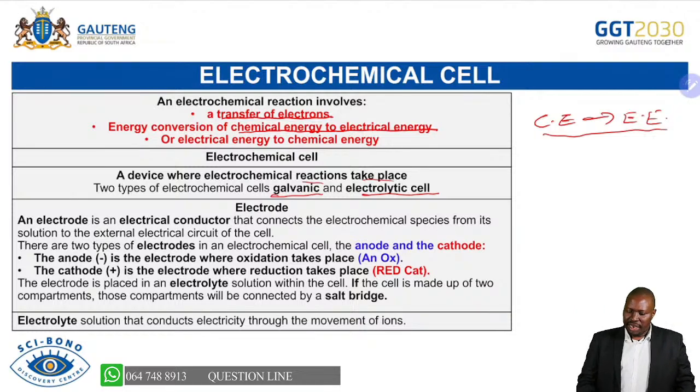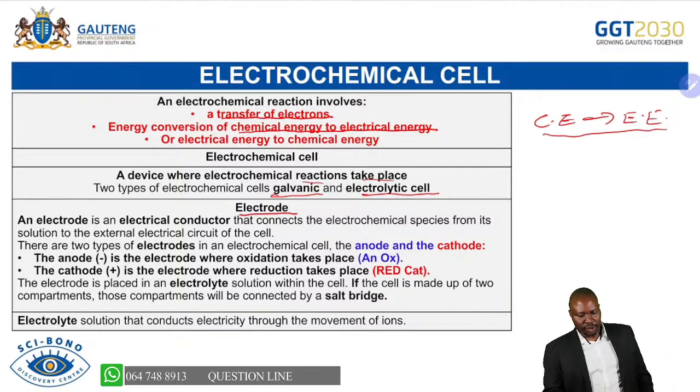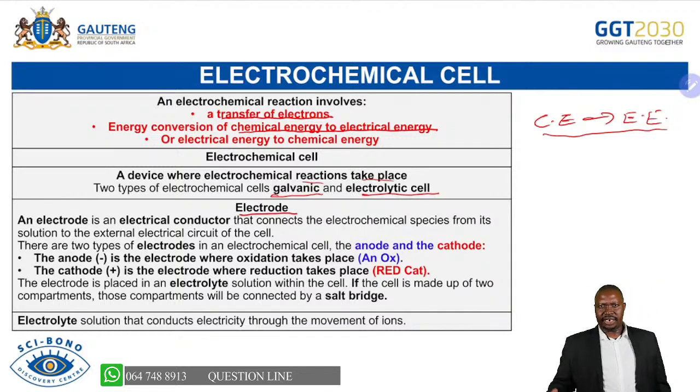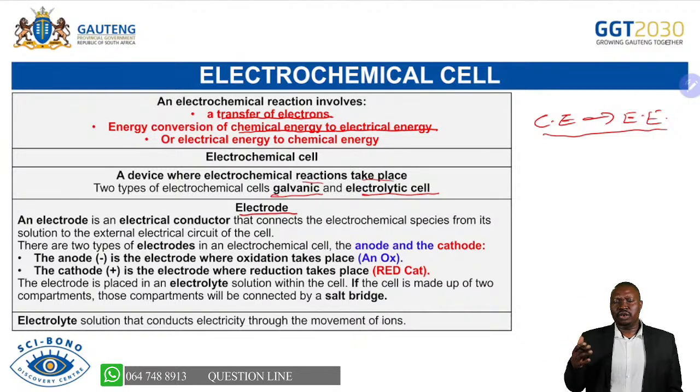You will have seen I've been talking about electrodes. So I've talked about this already. An electrode is simply an electrical conductor. Remember, electrical conductor, you cannot use gas. You cannot conduct your electricity to a gas or to an aqueous solution. So there will be events where you don't have a solid. When you don't have a solid in your reaction, you will need a conductor, because conductors must always be solid.